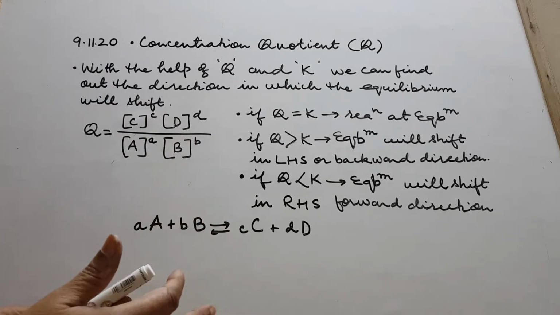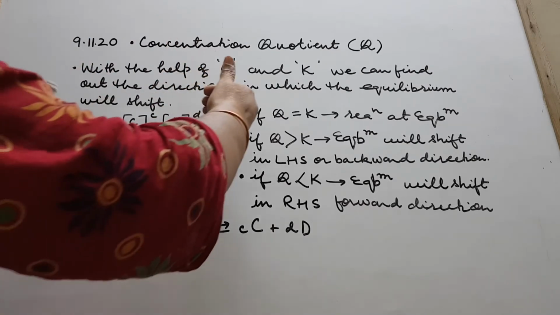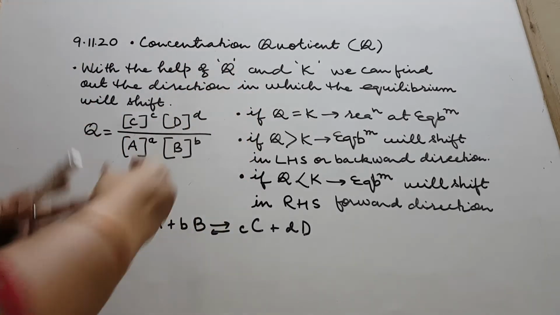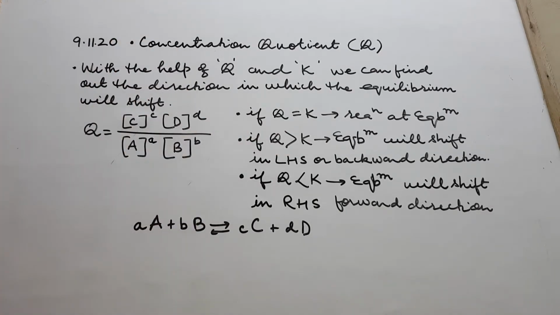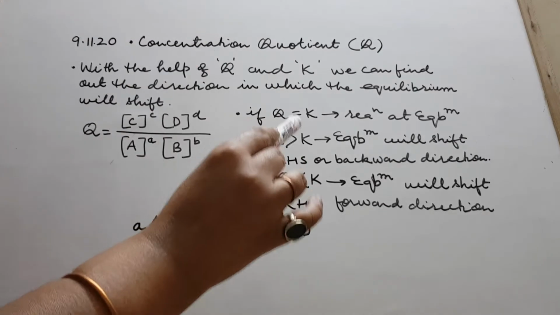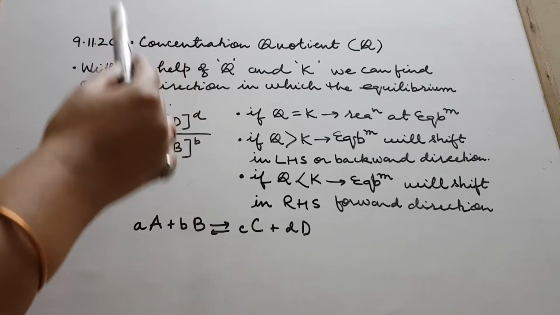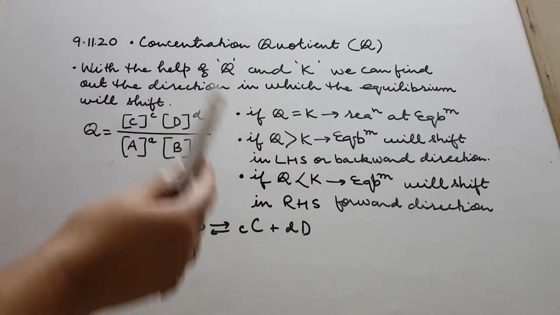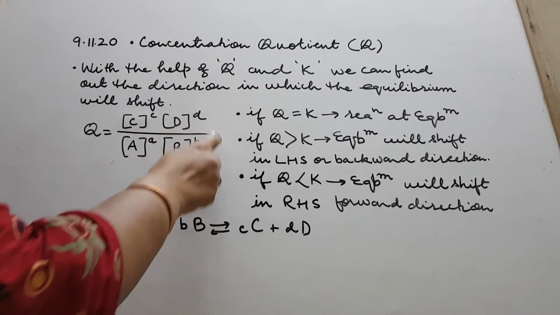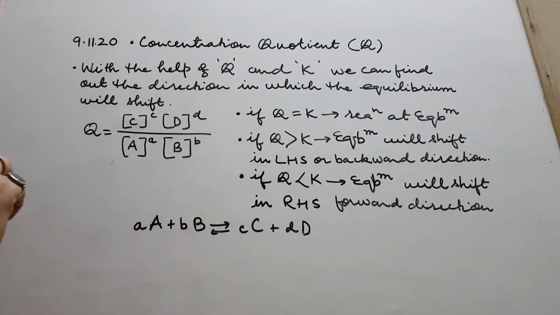But that used to be for K, this ratio of the products and reactants with the stoichiometric coefficients at equilibrium only. That is why we used to call that equilibrium constant K or Kc. As I told you, it is taken for granted. The simple K is more commonly shown by Kc. It is more precisely showing the same K being calculated in terms of concentration.